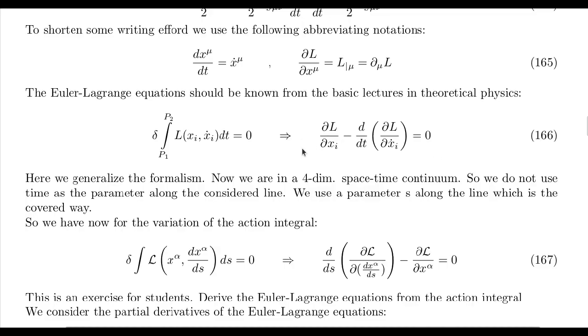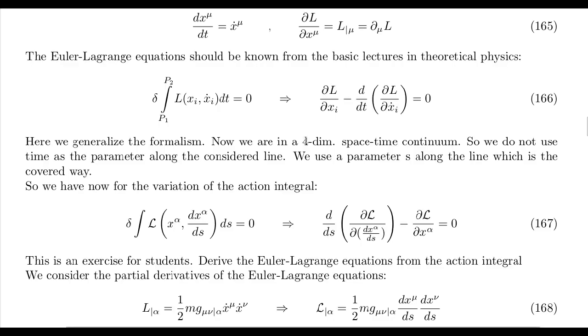Here we again have to generalize everything, and we are now in a four-dimensional space-time continuum, so we have four coordinates instead of three like in classical mechanics. We write for the action integral another L now, and we have of course as the independent coordinates the coordinates and the velocities.